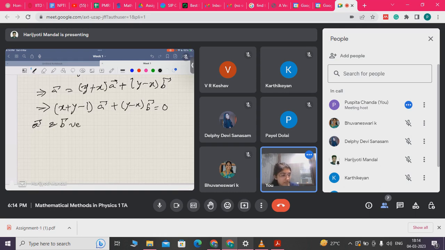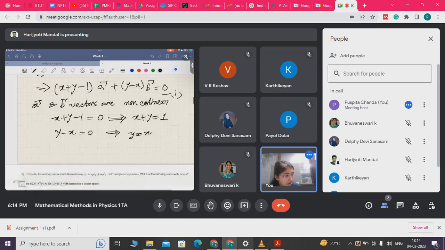A and B vectors are non-collinear. So from the above equation, since A and B are non-collinear, X plus Y minus 1 is equal to 0 and Y minus X is equal to 0. From the first condition we get X plus Y is equal to 1, and from the second condition we get Y is equal to X. So we can say that X is equal to Y is equal to half.